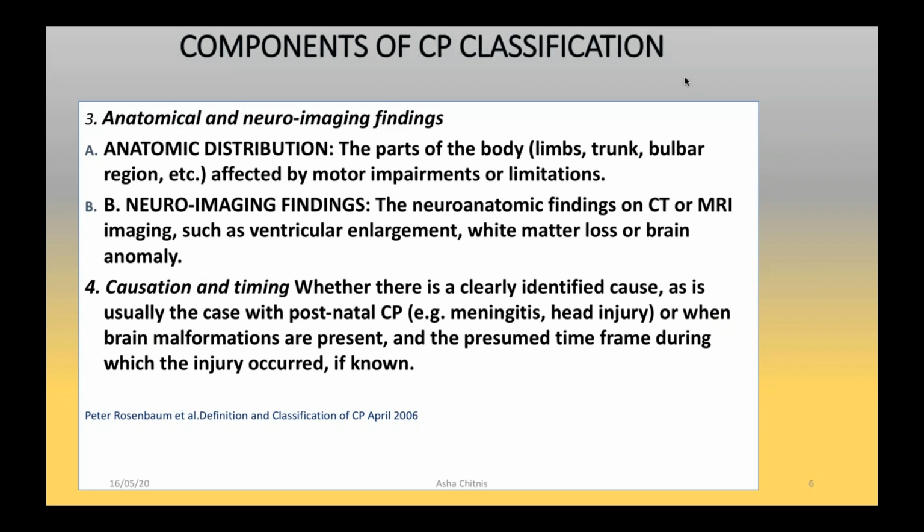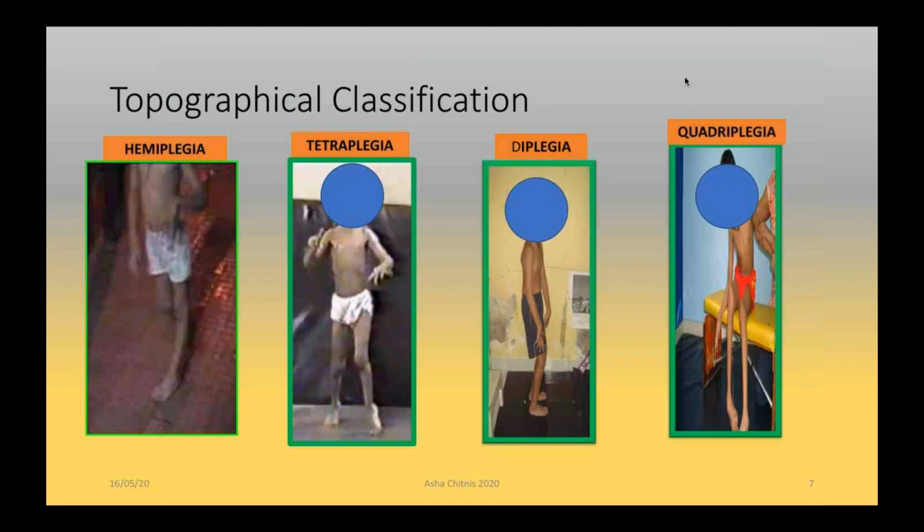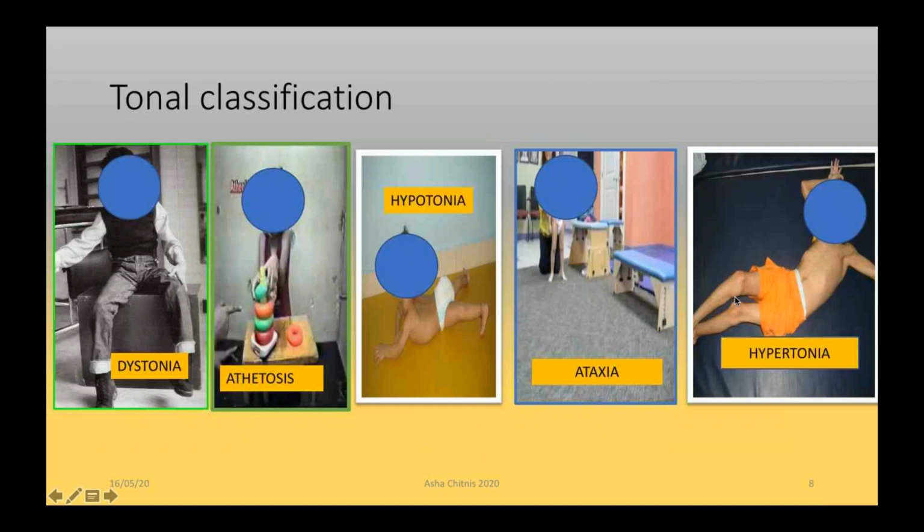Very, very important. So if I just show you all this, this is a child who has one limb involved. This is tetraplegia, so both legs and one hand are involved. He's somebody who's got diplegia, and he's someone who's got all 4 limbs and trunk involved. Hence, he's got quadriplegia. If you understand tone, this is dystonia. That is athetosis, where you really see too much movement.